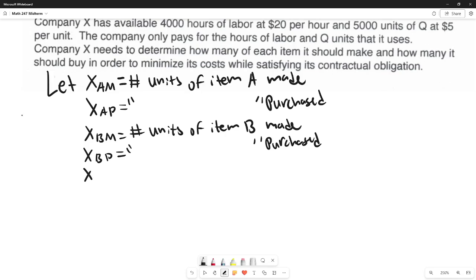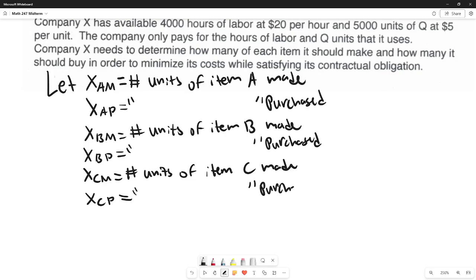Then XCM equal to the number of units of item C made, and XCP equal to the number of units of item C purchased.